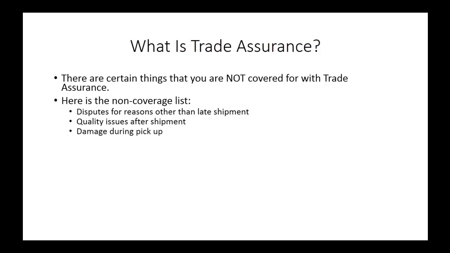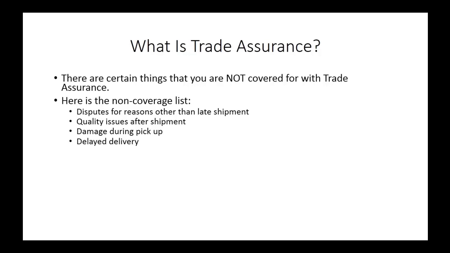Damage that occurs during pickup. So if you have damage that occurs when someone comes to actually take your package and move it on toward your location, that's not going to be something you're going to be able to make a claim for, because again, the seller is not responsible for that action. Delayed delivery.